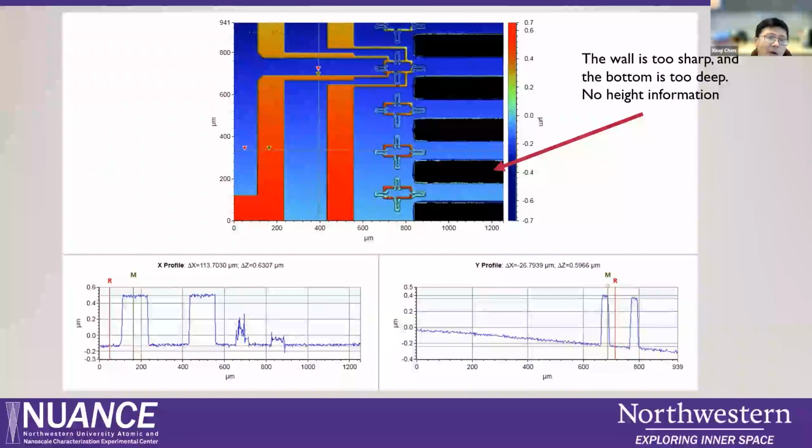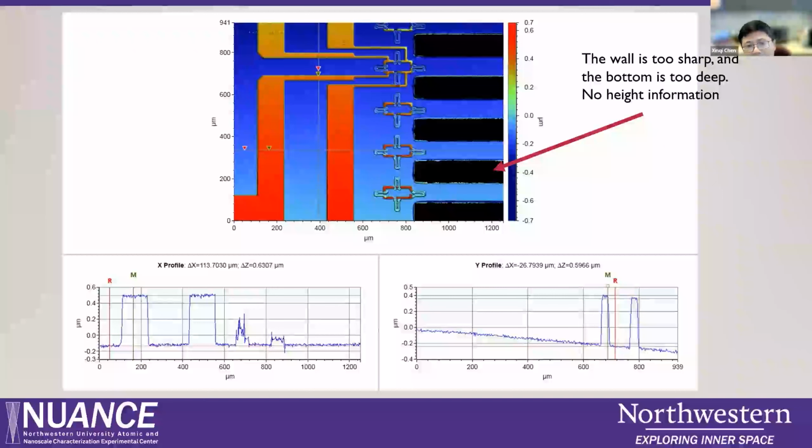If your sample has a wall that is too steep, or the bottom is too deep, like at the edge, because we are based on light reflection, if no light comes back, it is too steep on the side and you cannot get the height information, so you get it like this, the black area.